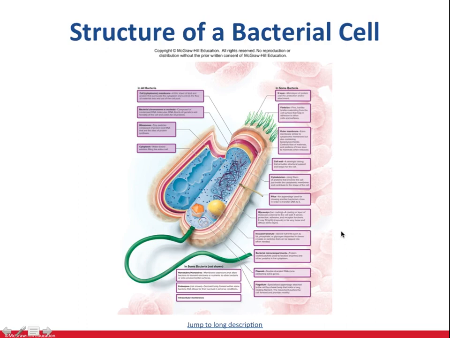Now let's take a look at this diagram. This diagram shows different parts of the bacteria. As we can see, this is the flagella. These are thin green tubes. This is the outer membrane.